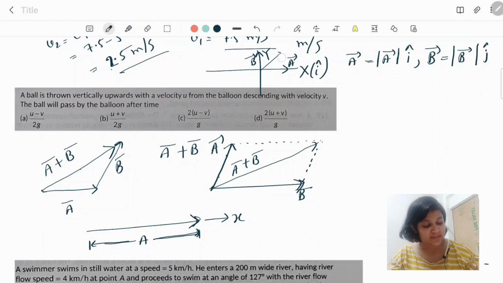So we know that the resultant vector A plus B will be along this direction.